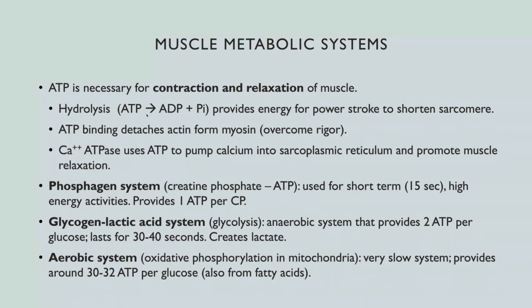Then we are going to need ATP for the cross-bridge cycle, for the detachment of the actin and myosin, and also to produce the power stroke, the hydrolysis of this ATP. Then we need ATP to take the calcium back into the sarcoplasmic reticulum. Different things ATP is doing there, besides participating in other processes that cells normally do.